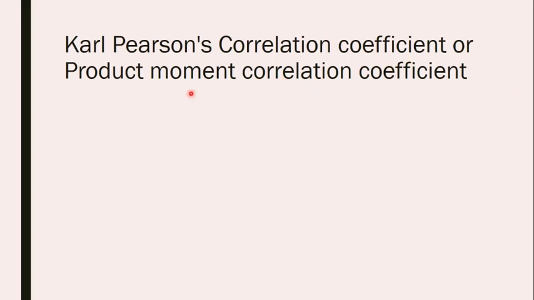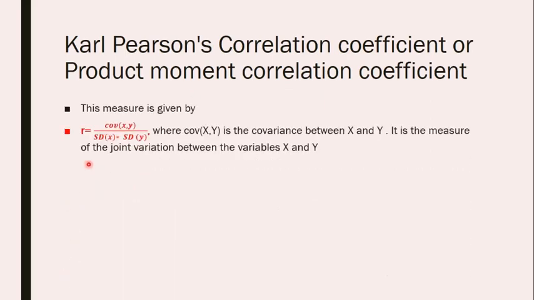Usually it is represented by small r, and the formula is given by the covariance of xy divided by the standard deviation of x multiplied by the standard deviation of y. I hope you all know what the standard deviation of y is. You won't be familiar with the covariance of x and y, but the standard deviation of x and standard deviation of y you have studied in my last video.